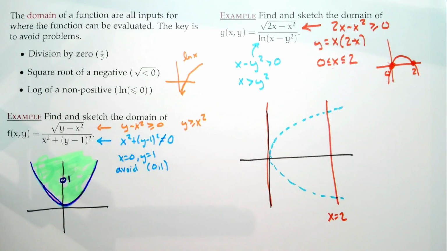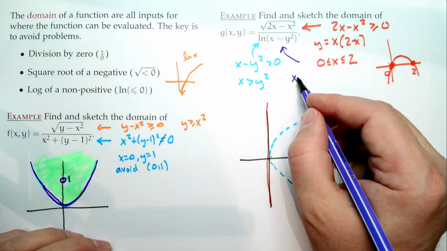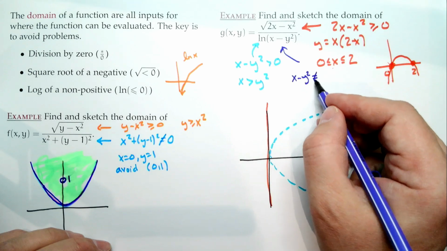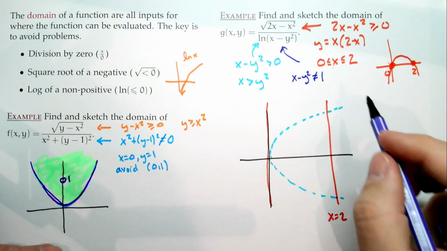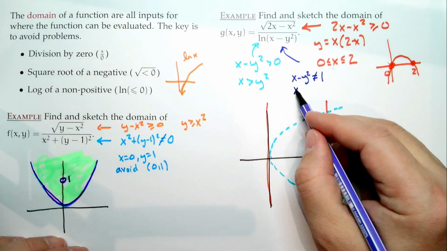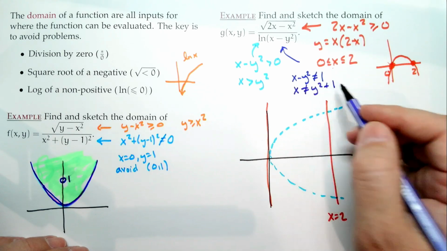And the answer is log equals 0 when I'm taking log of 1. So I want to make sure x minus y squared is not 1. And that's my way of saying I don't want the denominator to be 0. All right, so x minus y squared is not 1. So that says x can't be y squared plus 1.